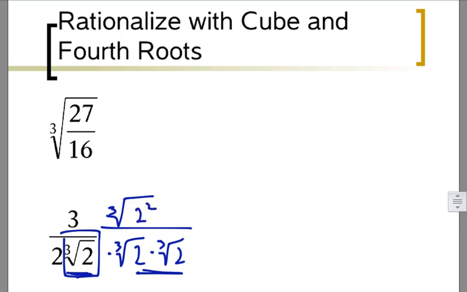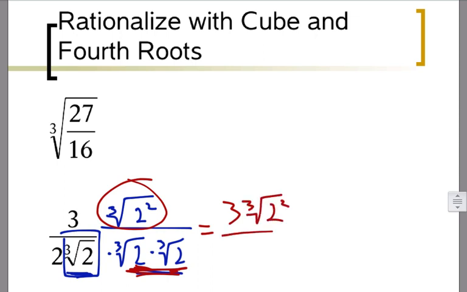Hopefully that doesn't throw you for a loop, but really, let me explain that. You're multiplying by it twice, so really that's just the cube root of 2 squared. So if you want to write it out just like I did here, you'd get the same thing. The top turns into 3 cube root of 2 squared. On the bottom, we end up with the 3 of these turn into just 1, 2, and then there was still that original 2 that was in front, so we'll put that one there.